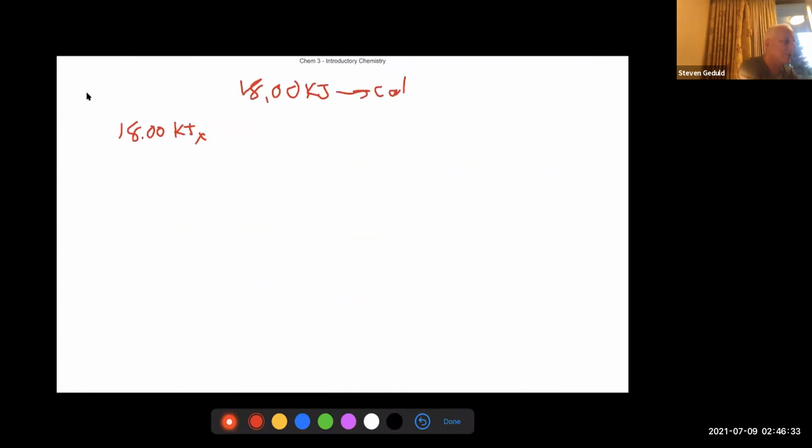And let's convert this into joules. So kilojoules is 1,000 joules, and joules to calories, you just look up what that is. Okay, perfect.